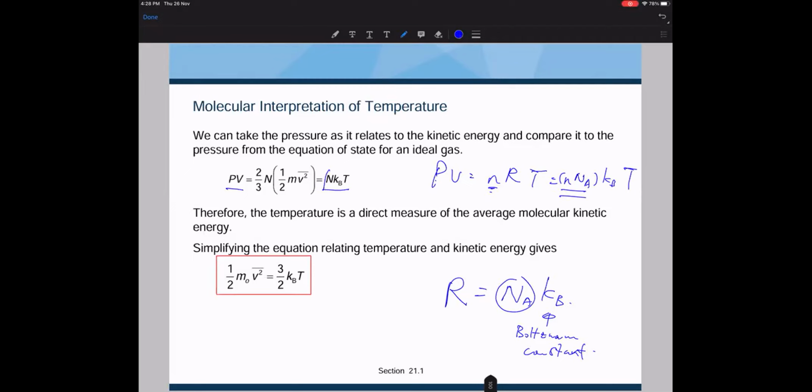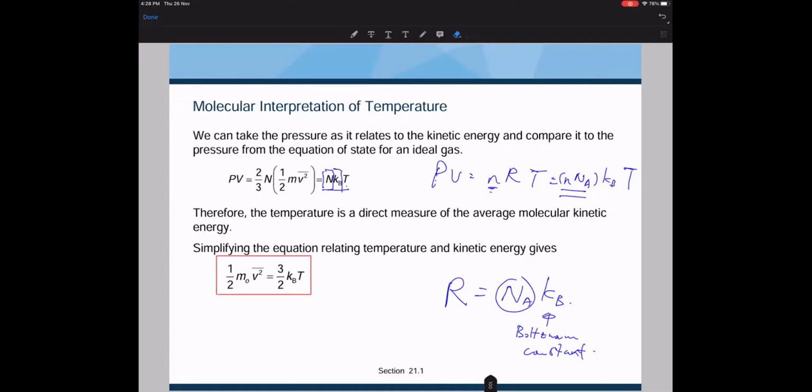So you have the N, which corresponds to the total number of gas molecules. Kb is the Boltzmann constant. T is the temperature, the absolute temperature. So PV is equal to N times Kb times T.